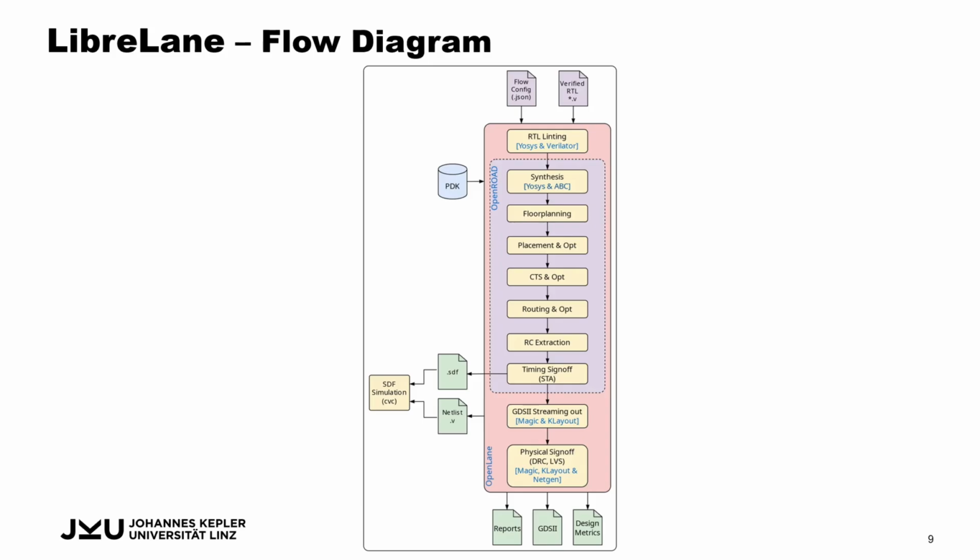And in this case, LibreLane. So we use OpenROAD, which is basically the flow I showed you before with floor planning, placement, clock tree synthesis, routing, parasitic extraction, and static timing analysis. And then we additionally have a physical sign-off. So we have a layout versus schematic check and a design rule check with Magic, KLayout, and Netgen.